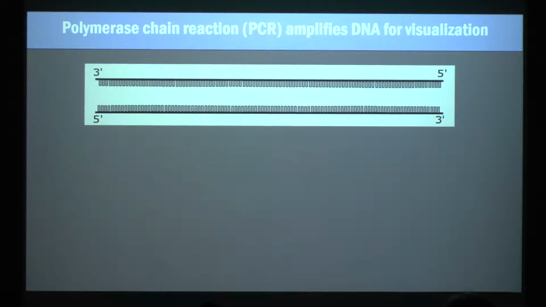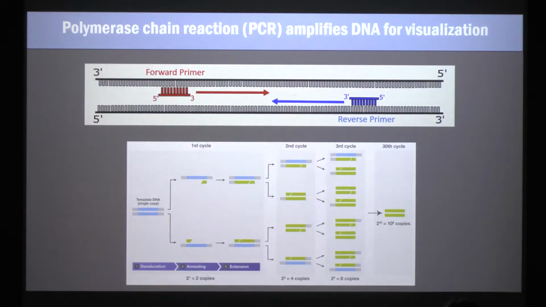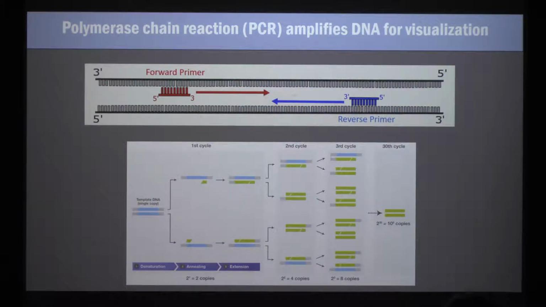So if we have this template DNA up here, we use two molecular markers known as our primers that are going to attach to a highly conserved region on that gene. They are then going to amplify that center region and make many, many copies. So after multiple cycles, we end up with over 1 billion copies of what we started with. And that's one way that we can increase our DNA so we can either sequence it or even visualize it.